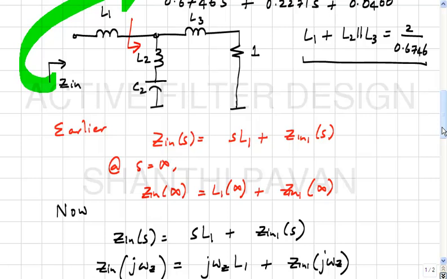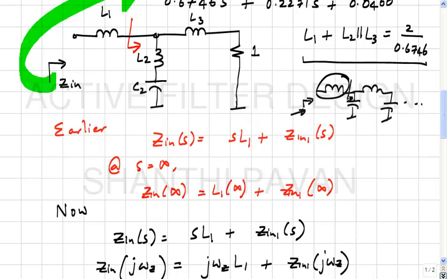For example, if you just had an LC network, right? At s equal to infinity, what is happening? We are able to find this element by equating the looking-in impedance at s equal to infinity, simply because the impedance following, that is here, is becoming 0 at a particular frequency, that being s equal to infinity.